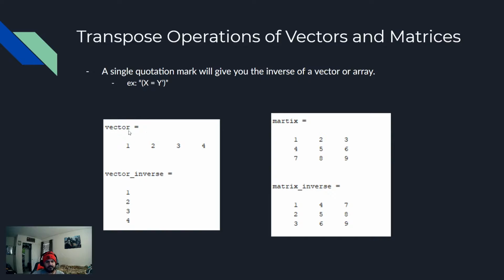So let's say you have a vector that is one dimensional, obviously, but as you can see, it's a row. And what you can do is turn it into a column by using the transpose function. I'll actually show you guys how to do this within MATLAB, but same thing with the matrix. The row becomes a column, and the column becomes a row, etc.